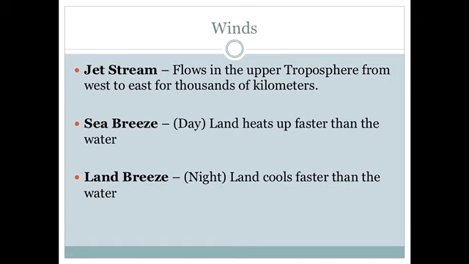Now let's say you go and jump in that ocean water. Is that ocean water in June warm or cold or cool? If you said cool, then you're right. It is cool because the land heats up faster than the water.